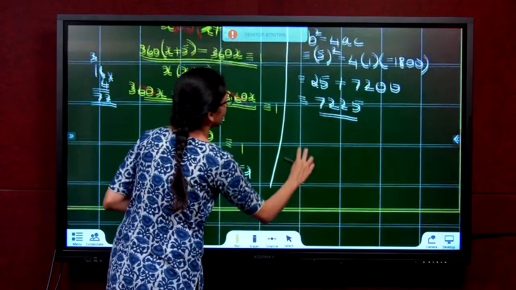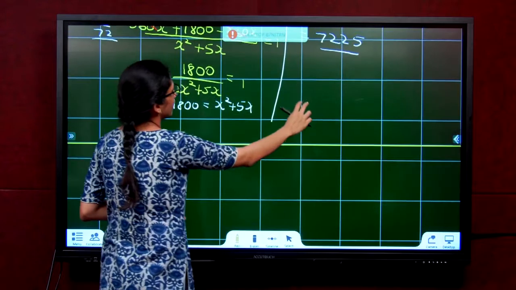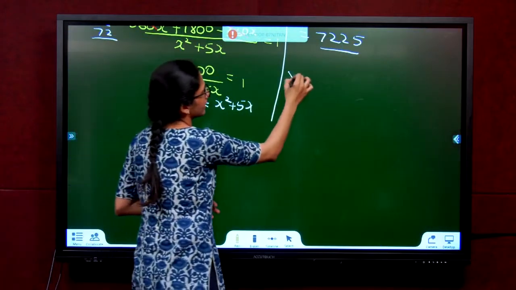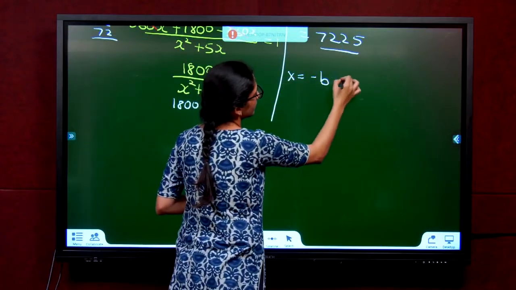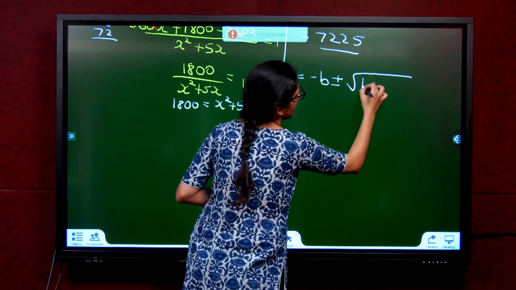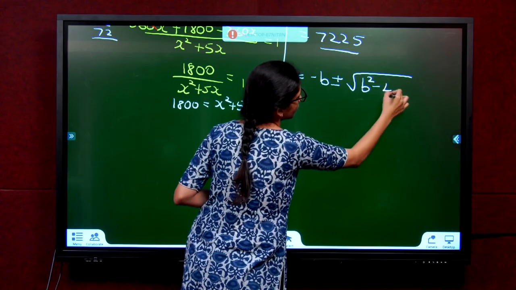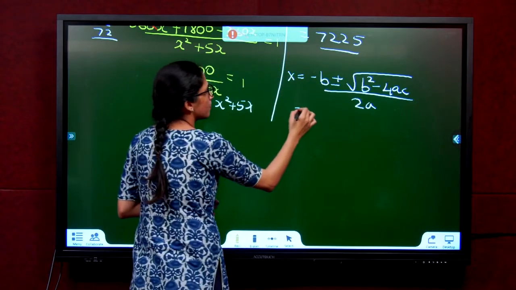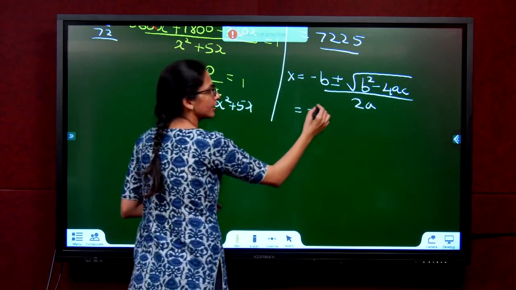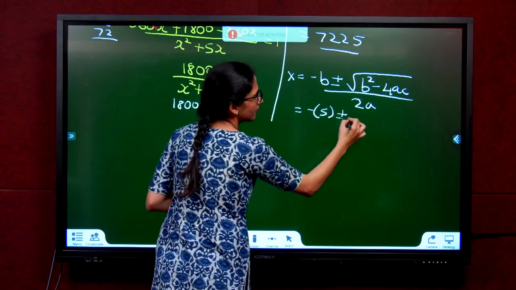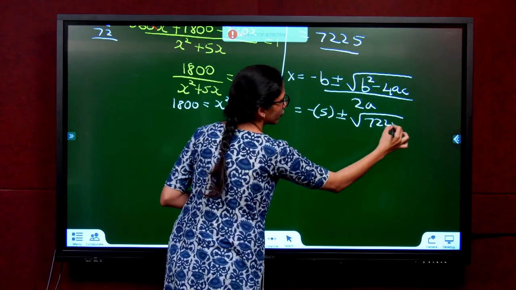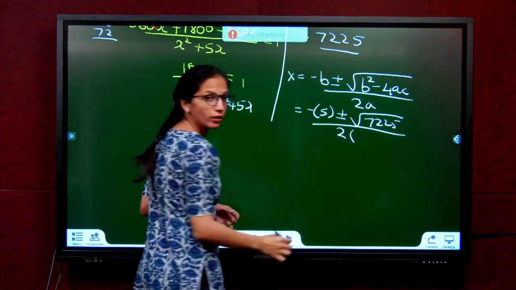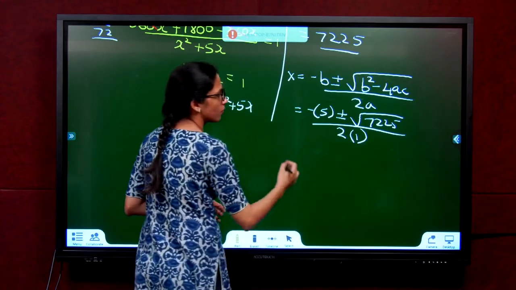We can continue solving this. So what will be the answer now? X is equal to minus b plus or minus root of b square minus 4ac, by 2a. Minus b, minus of 5, plus or minus root of 7225 divided by 2 into a. A is 1.